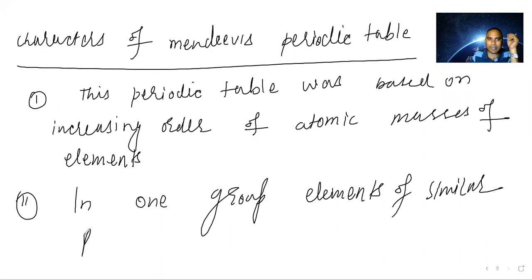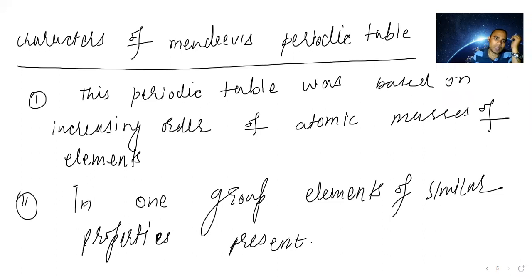Similar properties are kept. You can say kept or present, both are the same. Means in a given group, elements of similar properties will be present. Elements of different properties will not be there.